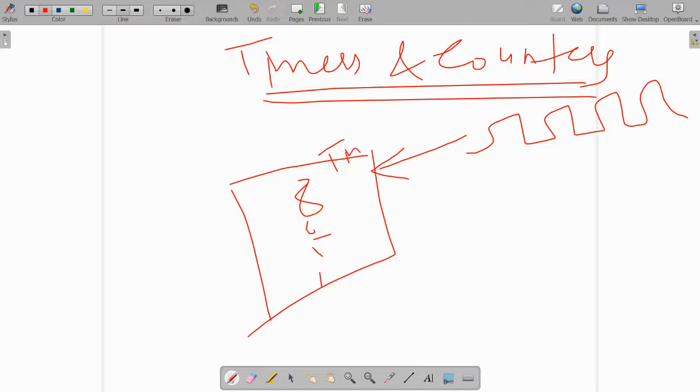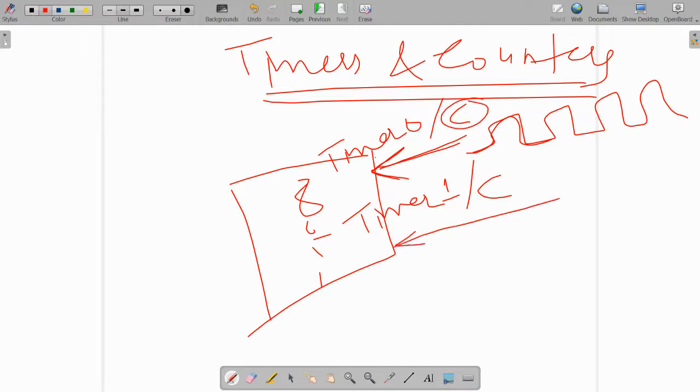You have timer 0 and timer 1. This timer 0 can be used as a counter also. This timer 1 can be used as a counter also. If I am using it to count the external events, then this timer 0 is called a counter. Same thing applies for timer 1 also.